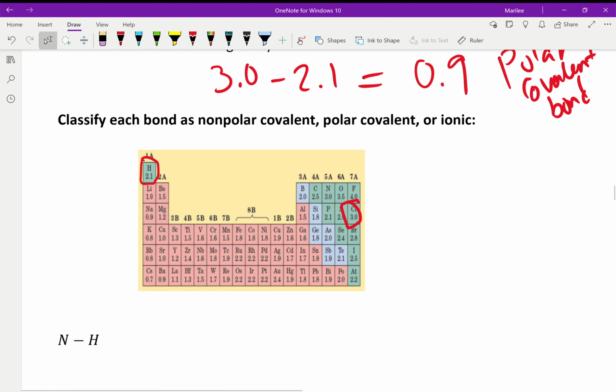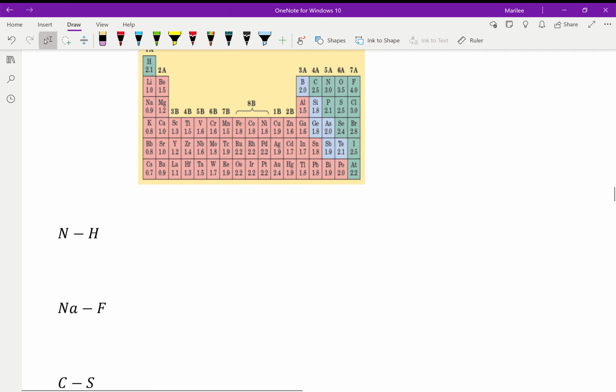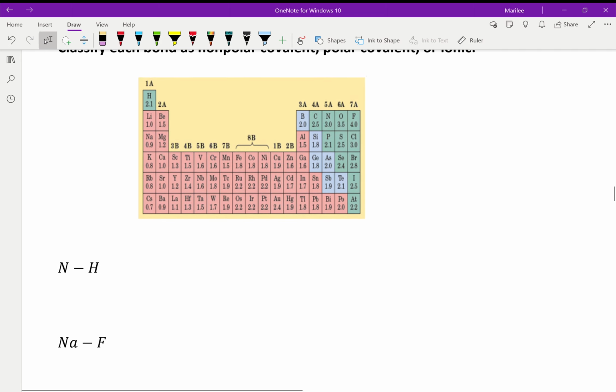Here it says classify each bond as nonpolar covalent, polar covalent, or ionic. So we have here N-H, right? So nitrogen and hydrogen.